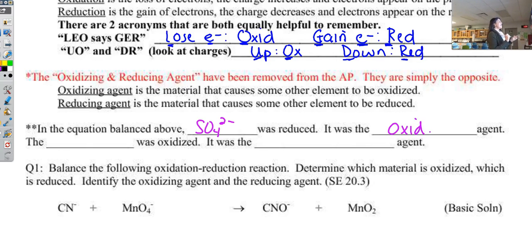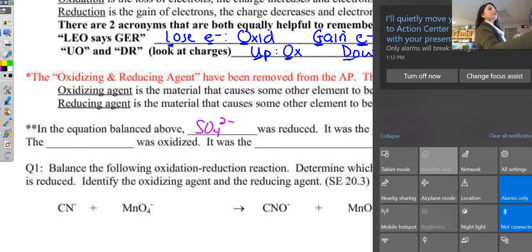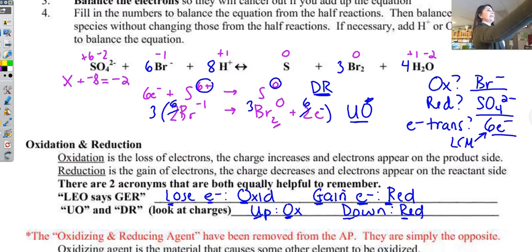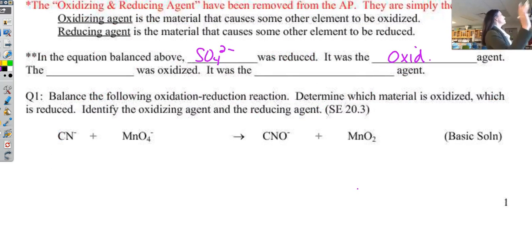Okay, and then the one that was oxidized was my, let's come back up here just to make sure that we have this right. So the one that was oxidized was my Br minus. And so that one would be called your reducing agent. So the one that's oxidized is the reducing agent, and the reducing agent is the one that's oxidized. Okay, other way, whichever way.